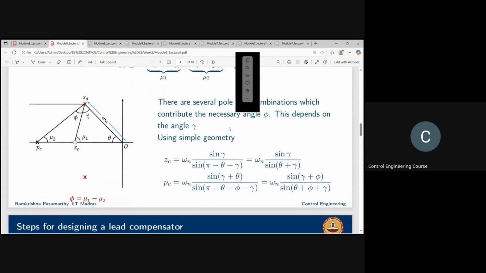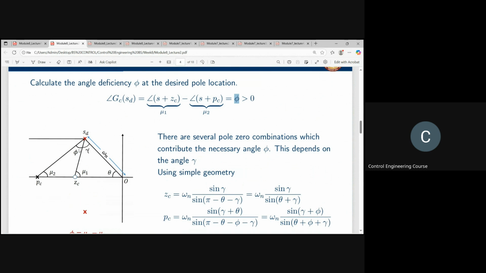Geometrically, it is this. Why? Because phi is a difference between two angles, this minus this. You work out the geometry, you get it. It's not a big thing. So this is SD, this is PC, and this is ZC. These are three complex numbers.